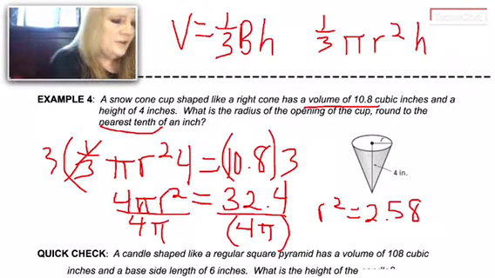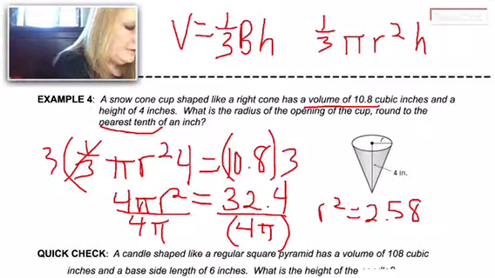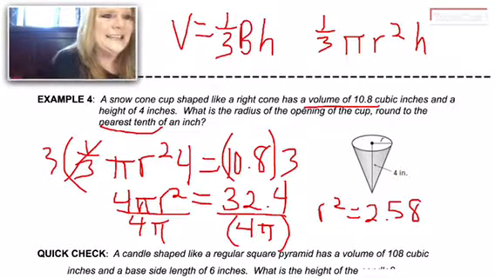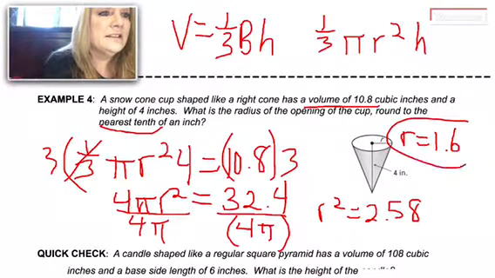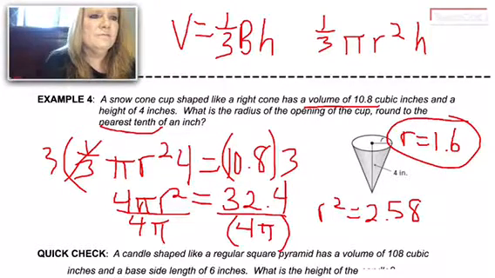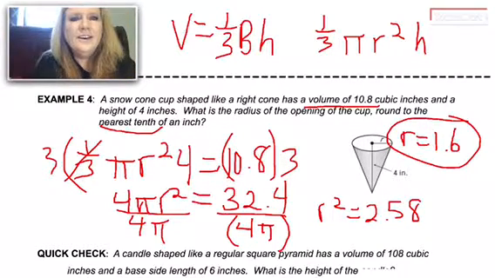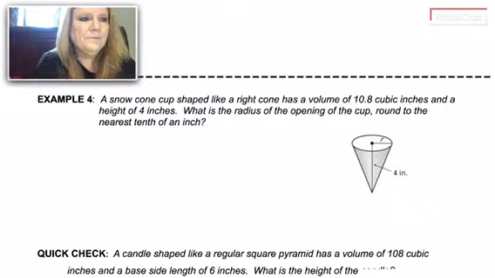And now I have to take the square root of that, and I get 1.6. So the radius is approximately 1.6 inches. Seems like a small cone to me, but oh well. Okay, let's go to the quick check.